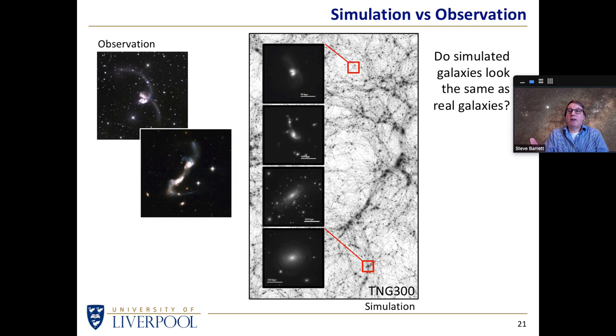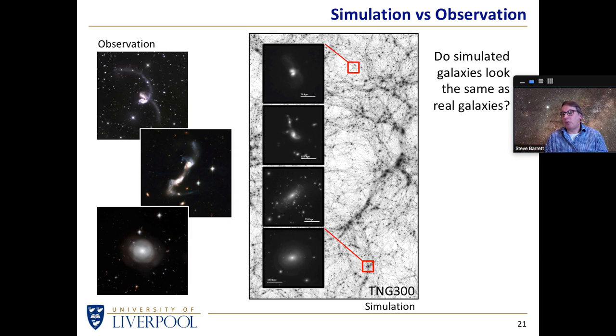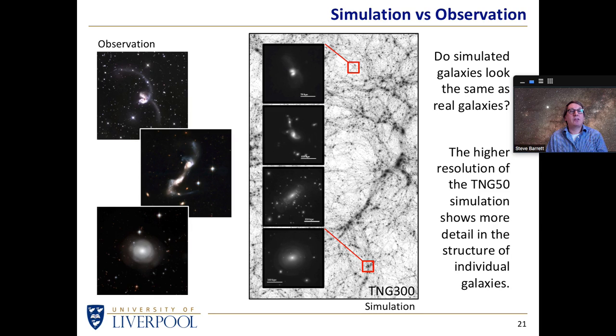We can find another pair of colliding galaxies that looks a little bit like the one we see in the second panel, and again we can see other galaxies that look very similar to the one in the bottom there. So yes, whenever we get a simulated galaxy, it normally looks realistic in the sense that we can normally see something in the sky that bears a passing resemblance to those galaxies. So it looks like we're on the right track. The simulation seems to be producing realistic looking galaxies.